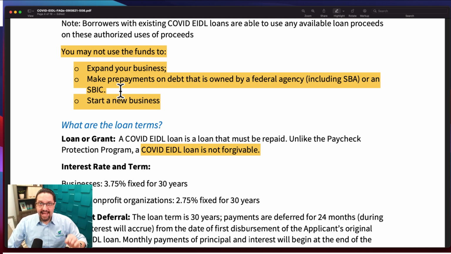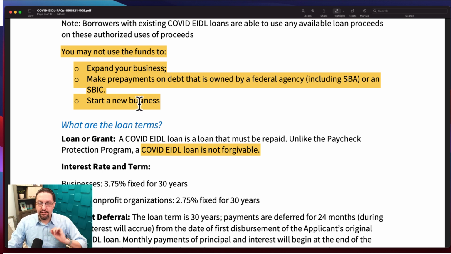But remember that the SBA has different types of loans, many loans, not just the EIDL loan. So if your business has another type of SBA loan, then you cannot use the EIDL loan to make prepayments or pay off other SBA loans. But you can make the monthly payments on those other loans from the EIDL.